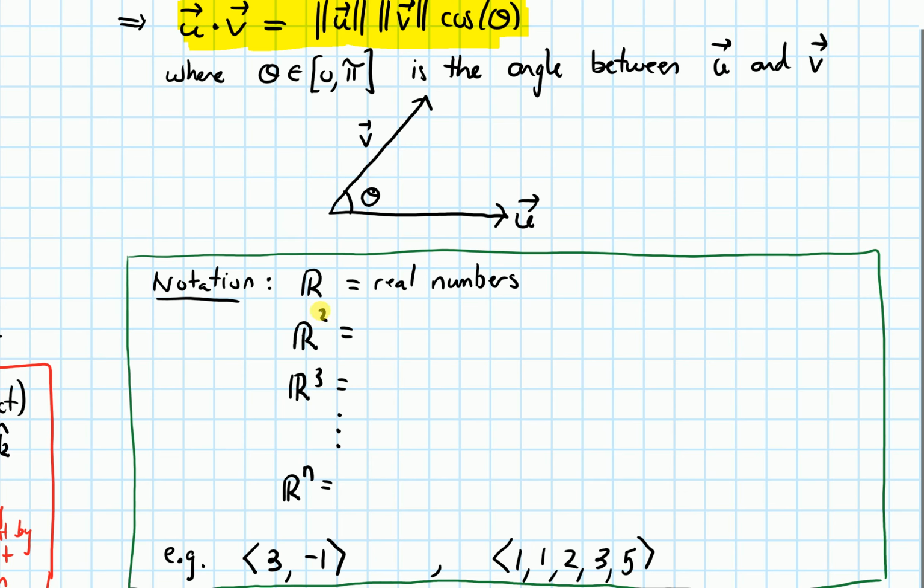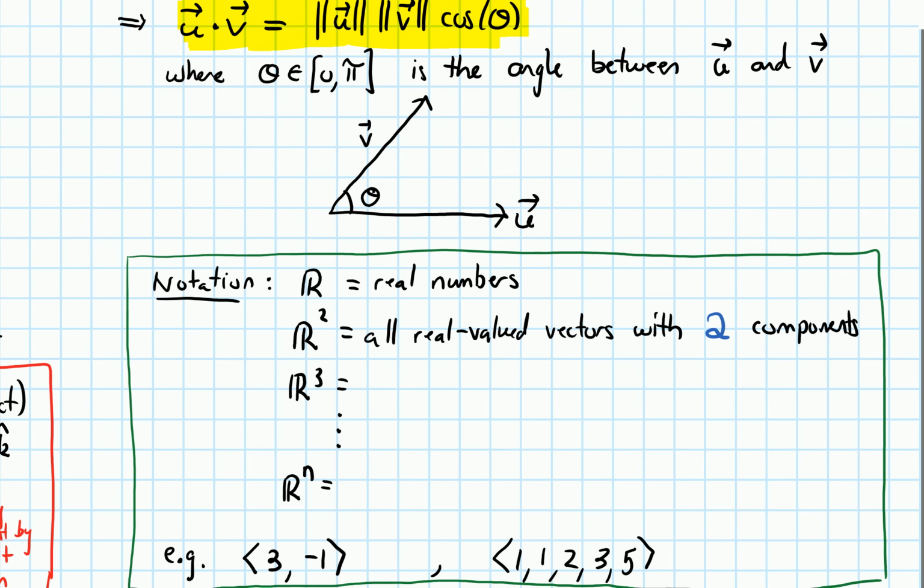You also see this very commonly in linear algebra and a bunch of upper division math. Okay, so R2 refers to all real valued vectors with two components.